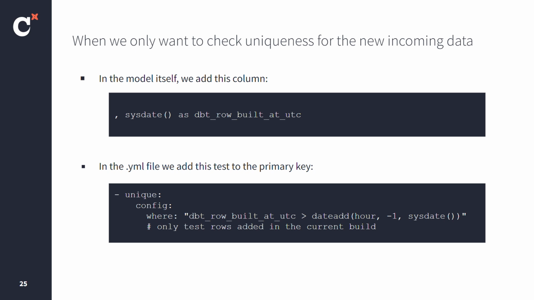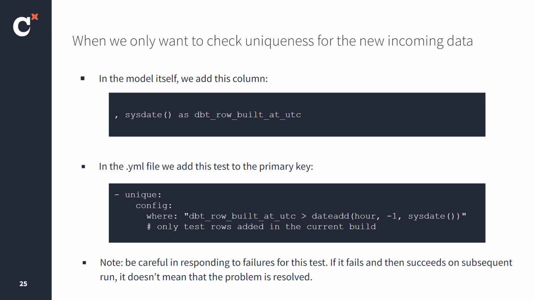Then in the YAML file, we just call the unique test the same way you normally would, and then config where, and we say where this row built at was within the last hour. The lag there is really just the time between when the model was built and when the test runs, which should be very short, but we put an hour just to be generous. In the next part, I'm going to talk to you about a little bit more complicated but more robust way of limiting it to the last batch of data that was added.